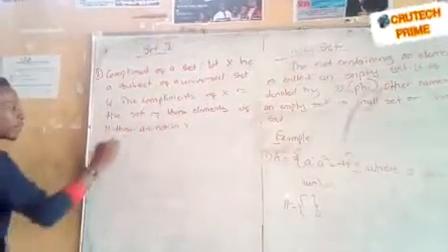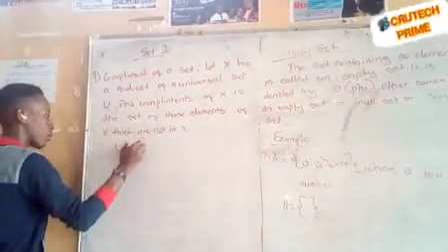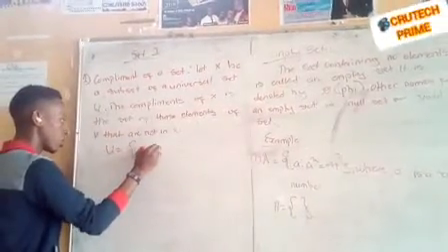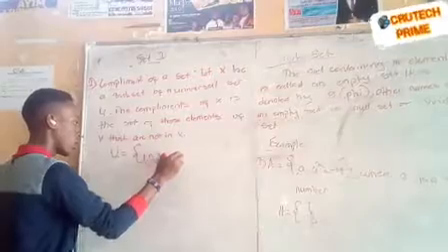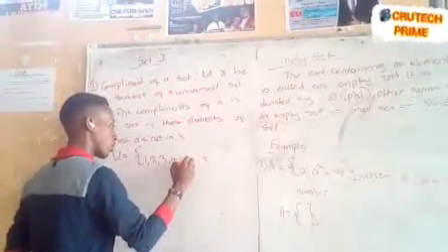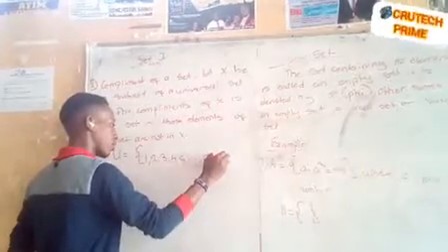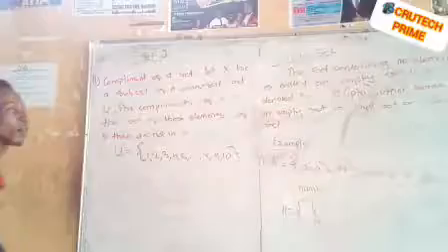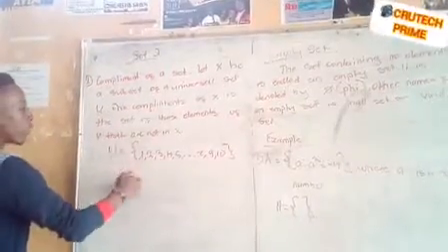For example, if we have a universal set, we have 1, 2, 3, 4, 5, 6, 7, 8, 9, 10. This is our universal set for now. It has elements from 1 to 10.